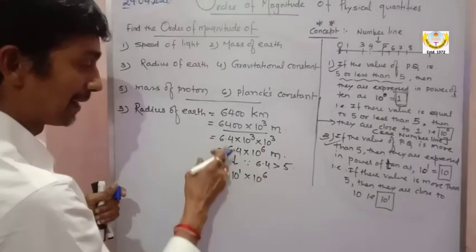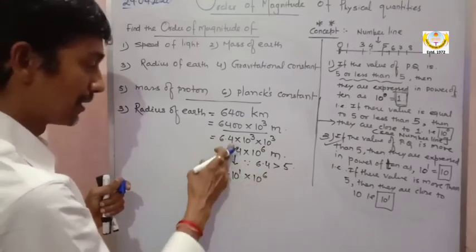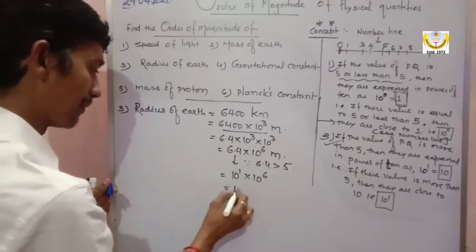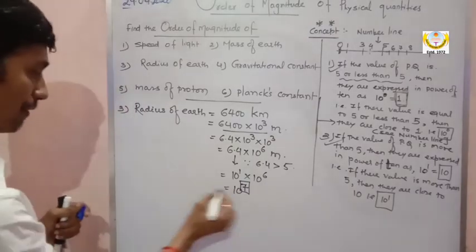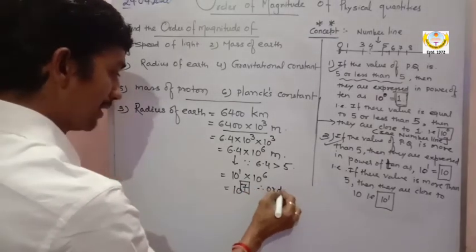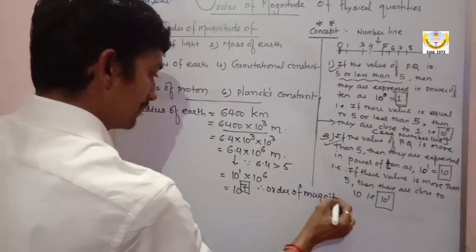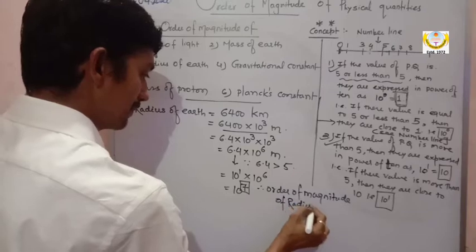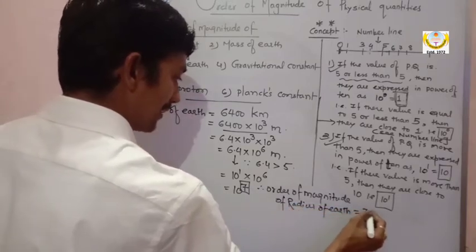I converted to one digit first and found that it is more than 5. So it is 10 power 7. Therefore, the order of magnitude of the radius of earth is 7.